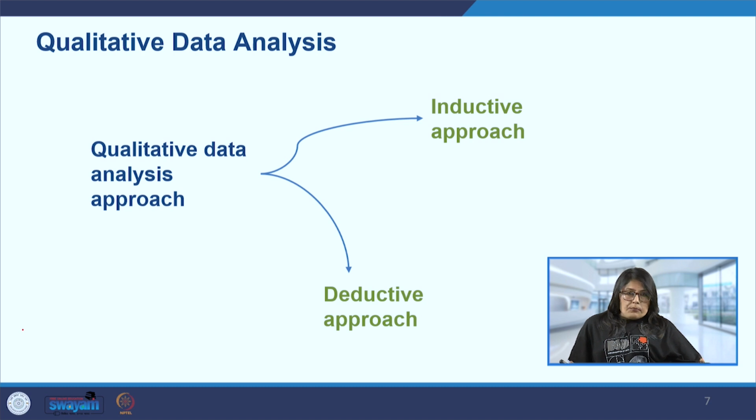So if we take a small example of the deductive approach, we can say that we start with a theory which says that all fruits that contain vitamin C help in boosting the immune system. So here we are starting with a theory, which says that all fruits contain vitamin C. And now what our hypothesis here is, is that an orange contains vitamin C, so it will help boost my immune system.